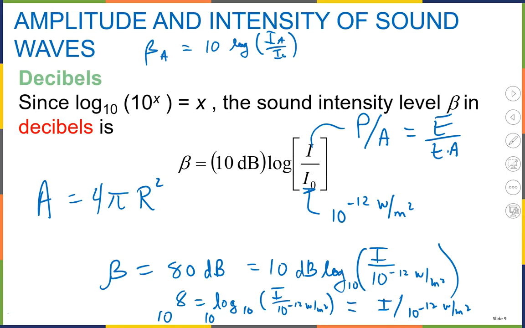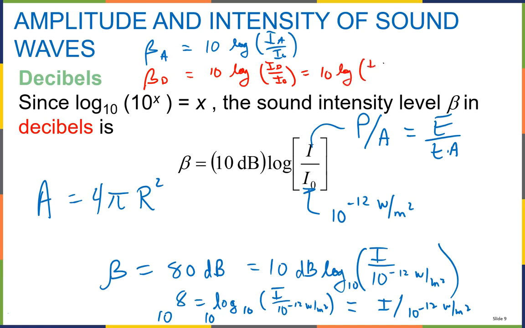And beta for David is equal to 10 log, and his intensity is 1/4. So there I've written out what the intensity levels are for each of them.